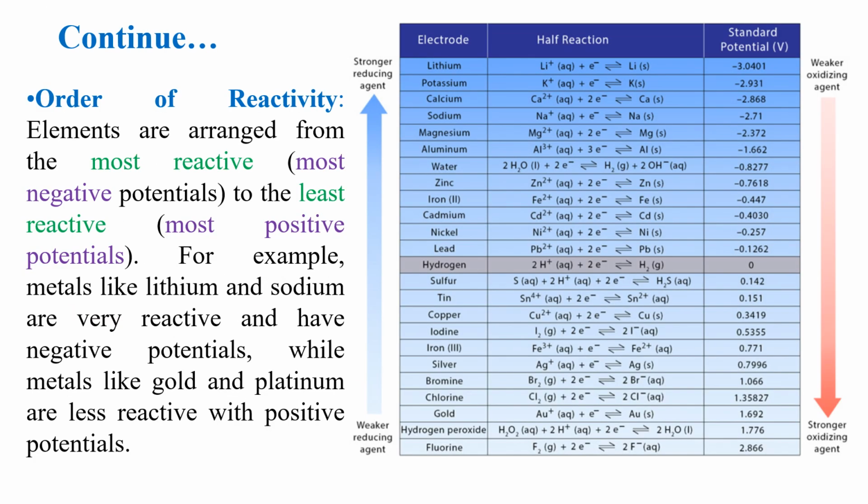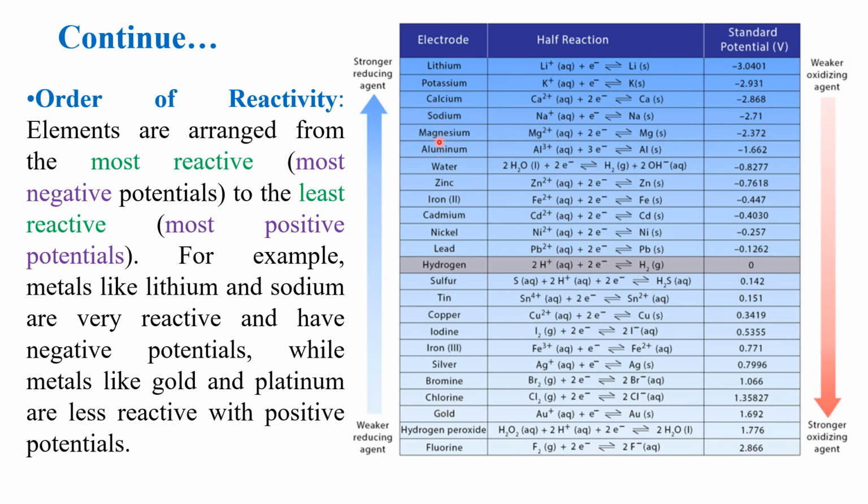With the help of electrochemical series, the reactivity of elements can easily be deduced because we know the elements are arranged from most reactive towards the least reactive elements from top to bottom.